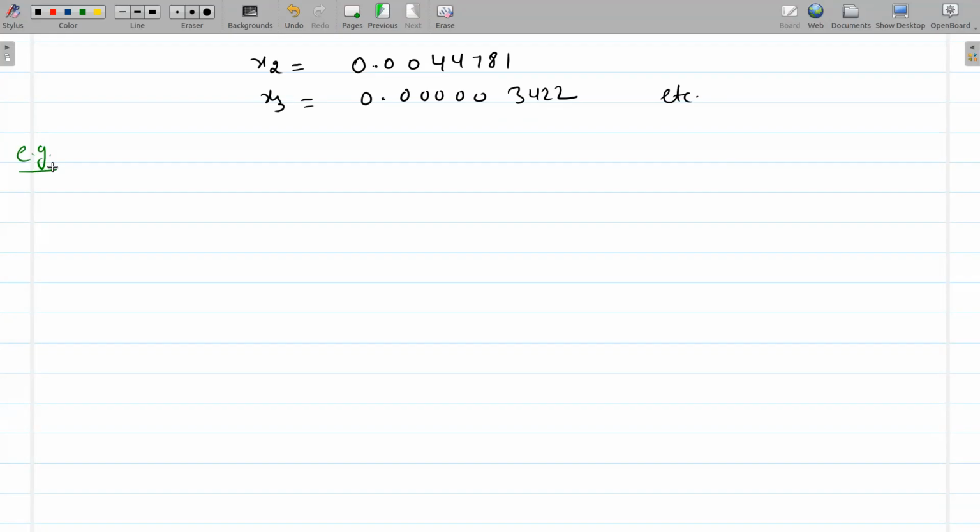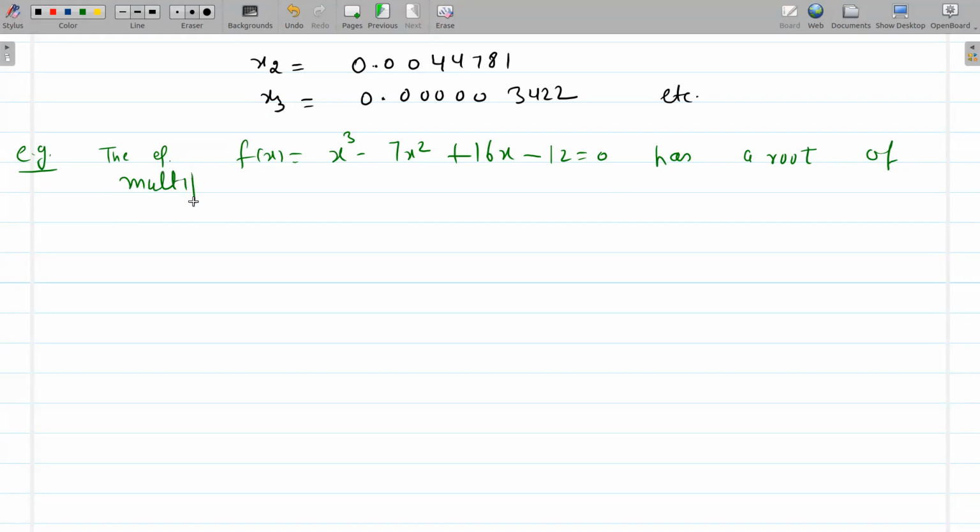Let us take one more example of the second case. The equation x cube minus 7x squared plus 16x minus 12 has a multiple root at x equals 2.